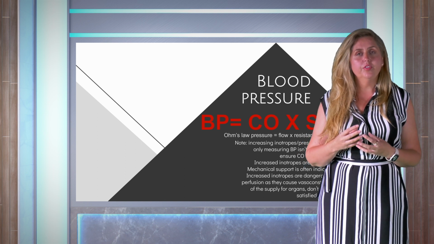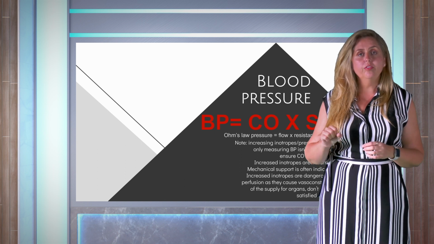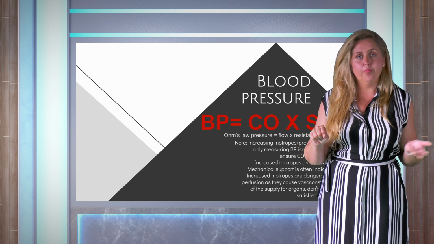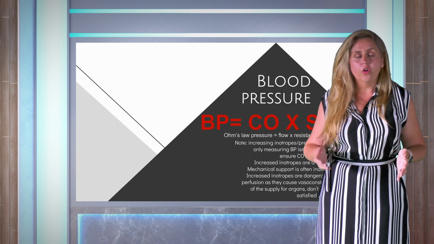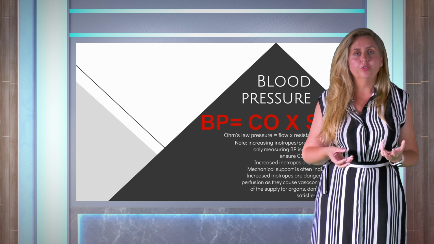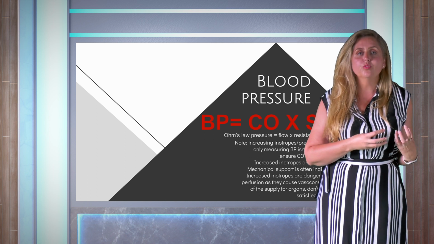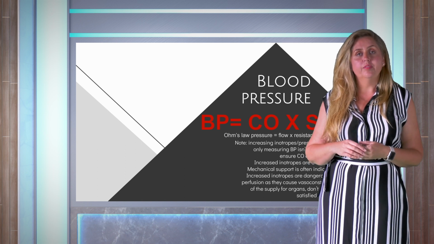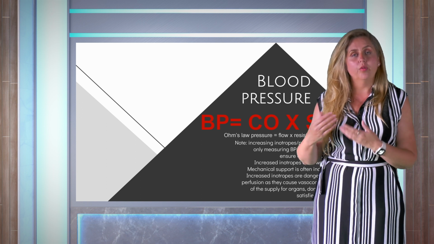And a safe SVR, a safe afterload, is to me when we don't have too much of a narrowing on the supply of oxygen-rich blood to our other organs. So going up and up and up with inotropes to get some sort of resistance in our aorta, to get some sort of blood pressure, is not okay if it means we are compromising on the supply of blood to our other organs.